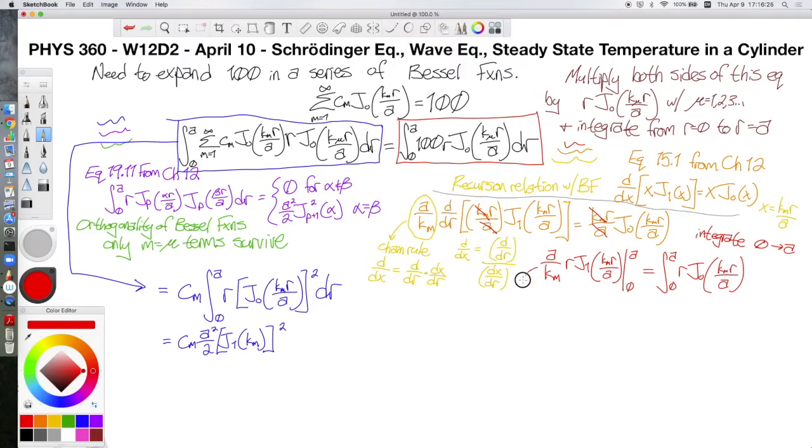Well, the left-hand side of this equation, when we plug in r equals a, we get a squared over k_m times J_1 of k_m r over a, and the term with r equals 0 vanishes.